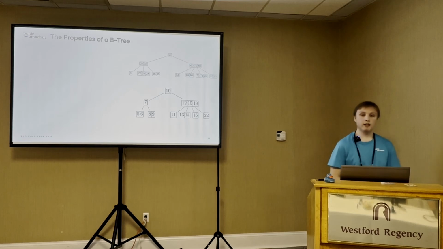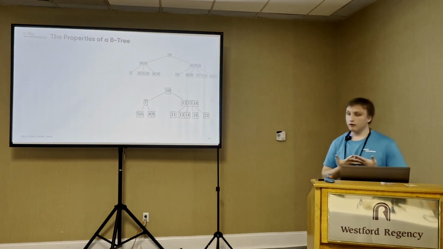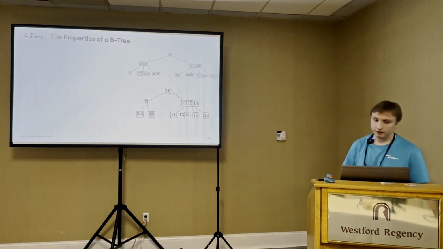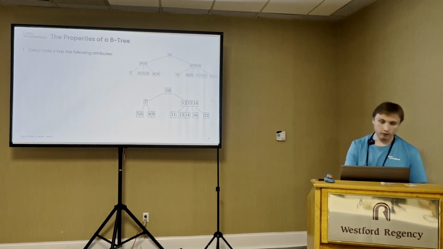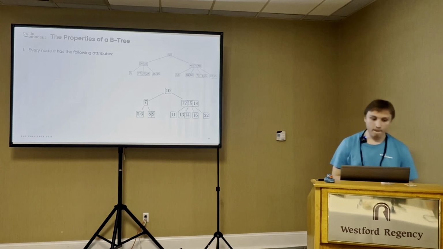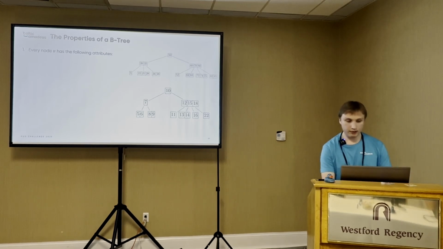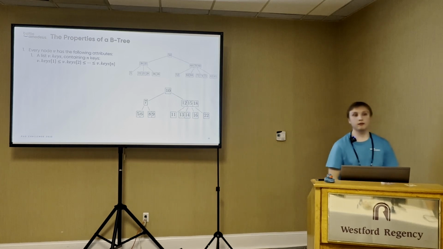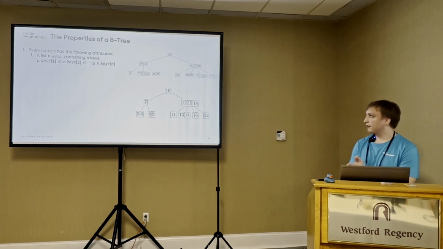Okay, very nice. Then we can get into the properties of B trees, and here you may see two different B trees, and I'll briefly go over the actual definition of what a B tree is. So every single node in a B tree has some specific properties. For instance, it has some number of keys, and all the keys are sorted.